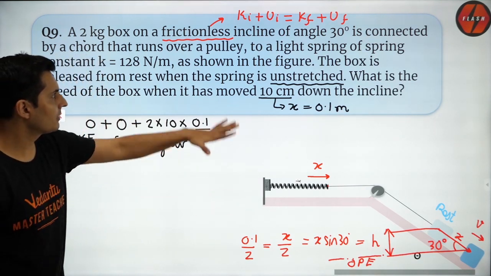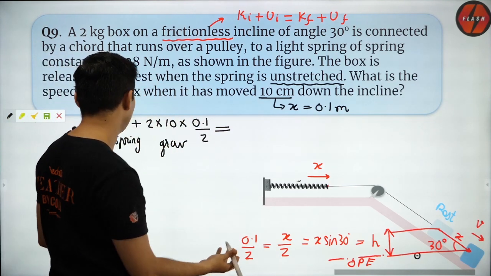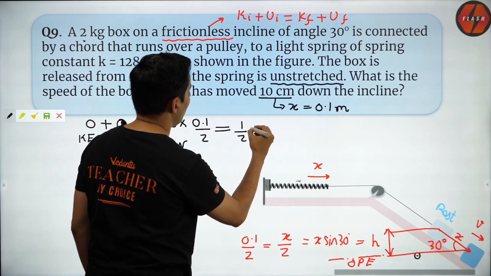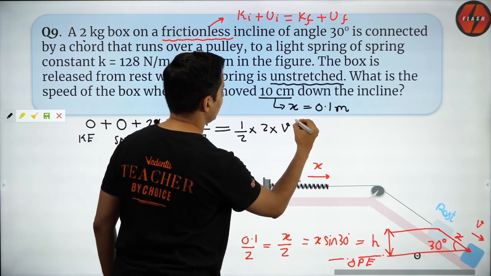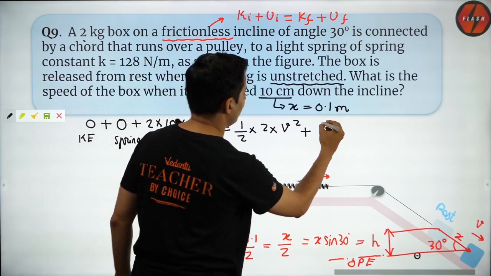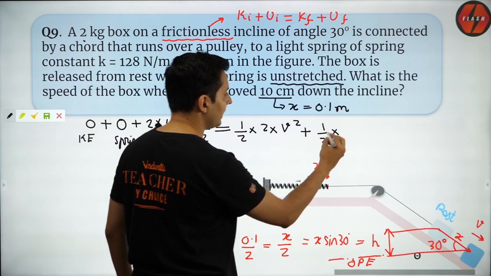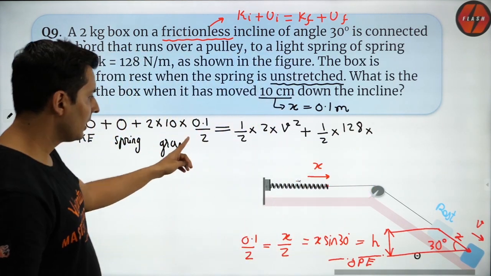So I've done everything systematically, guys. Everything is there in the problem. You just need to identify where it is. Finally, when it comes down, the kinetic energy is half into mass into speed square plus spring energy. Well, that is half K, that's 128, multiplied by X square.